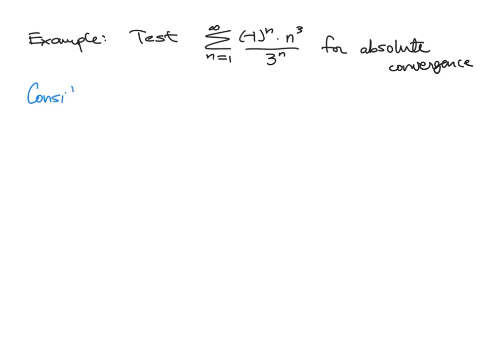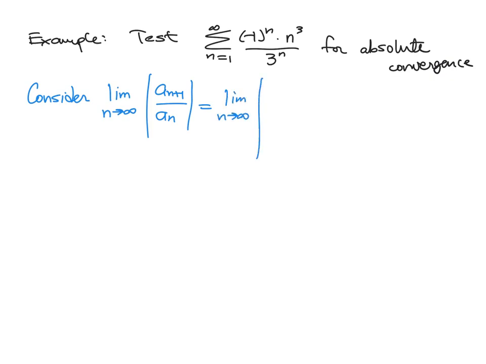Consider the limit as n goes to infinity of the absolute value of a_(n+1) over a_n, which is going to equal the limit as n goes to infinity of the absolute value of, well, technically I'm going to put the negative 1 to the n part in there just to show it, but it's going to disappear because of the absolute value. Negative 1 to the n plus 1, n plus 1 cubed over 3 to the n plus 1.